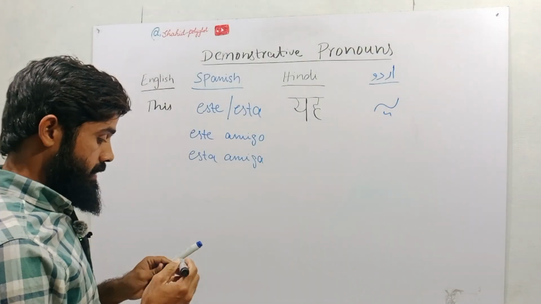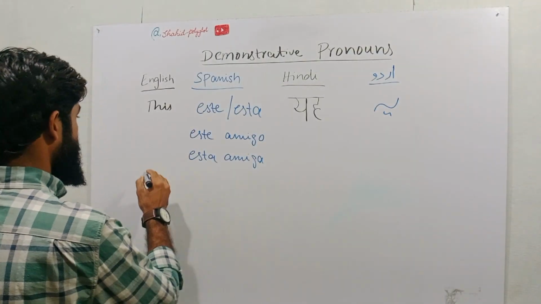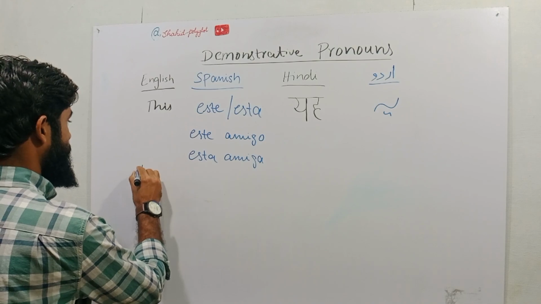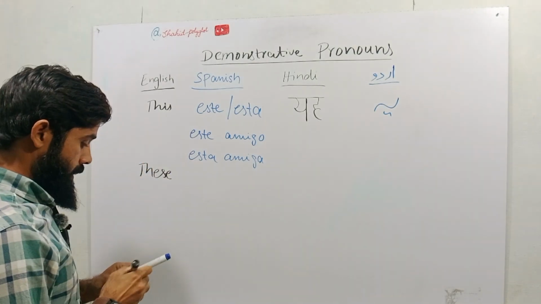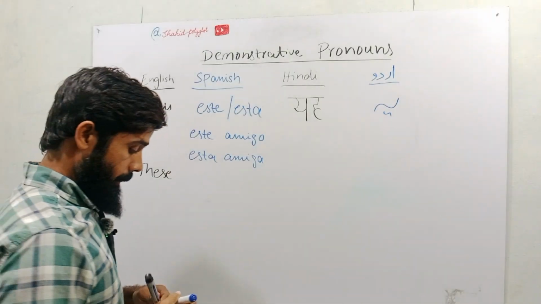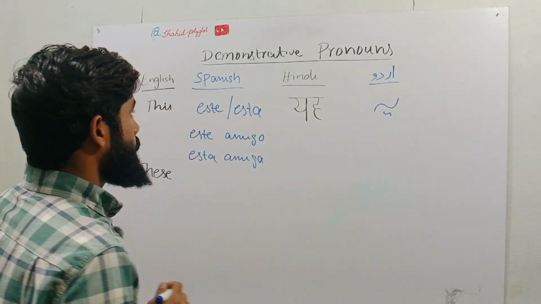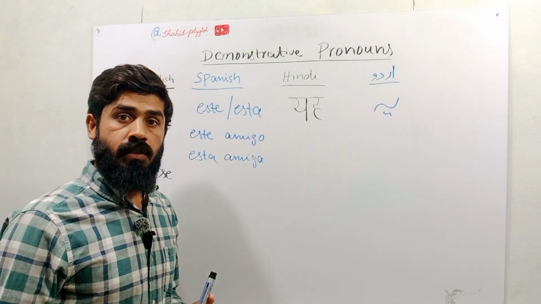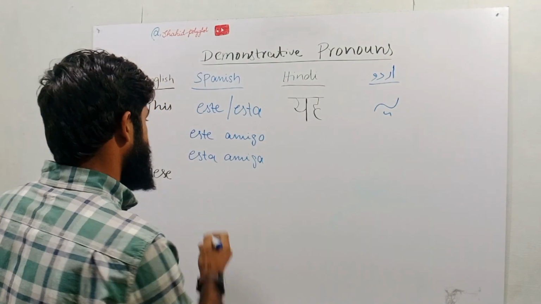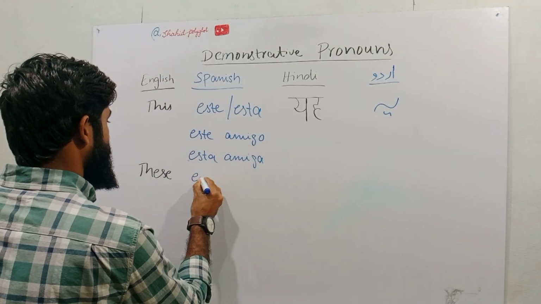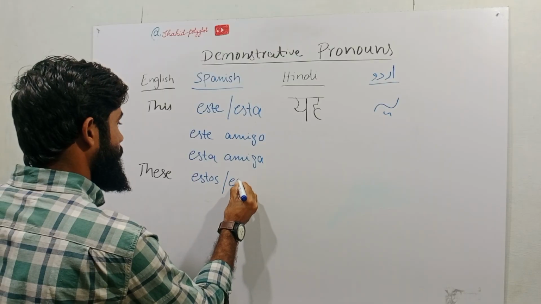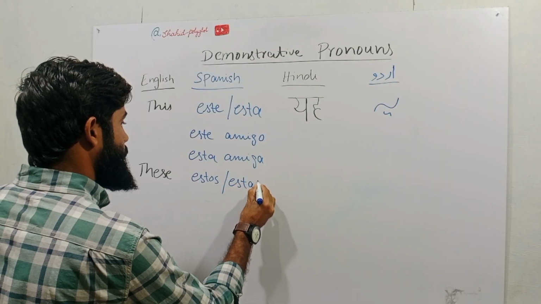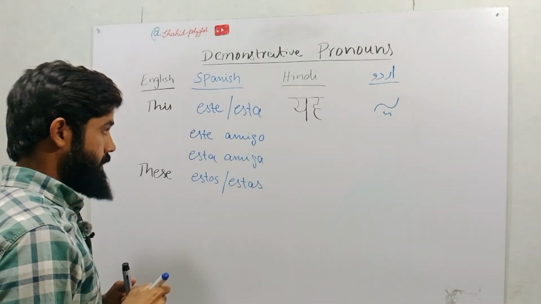Now, the next pronoun is these, the plural of this. And in Spanish, we use estos or estas, depending on the gender.